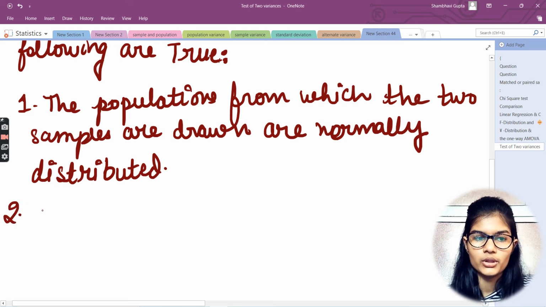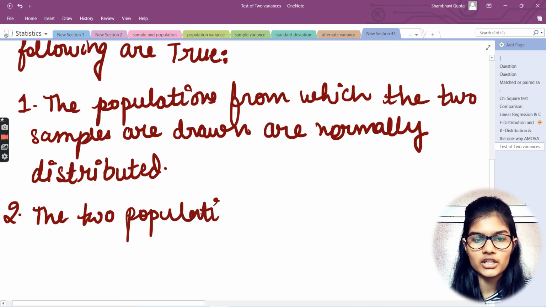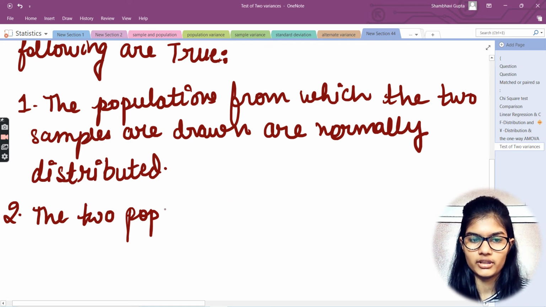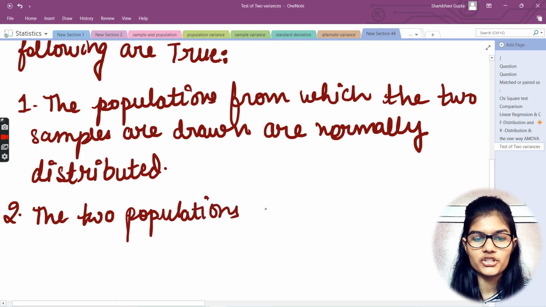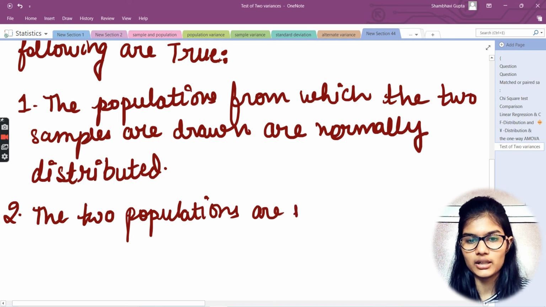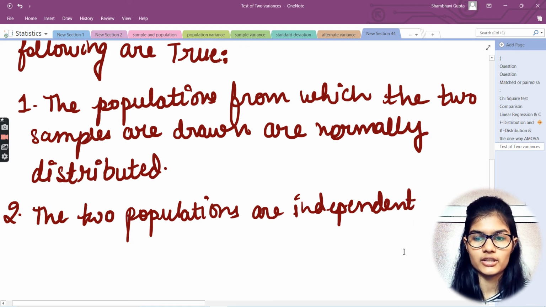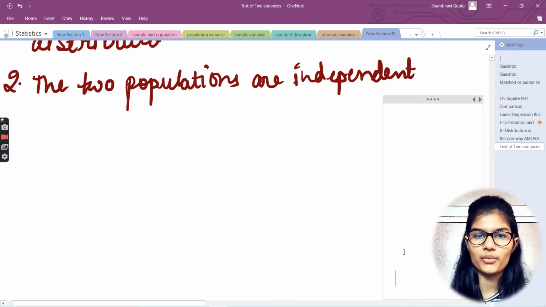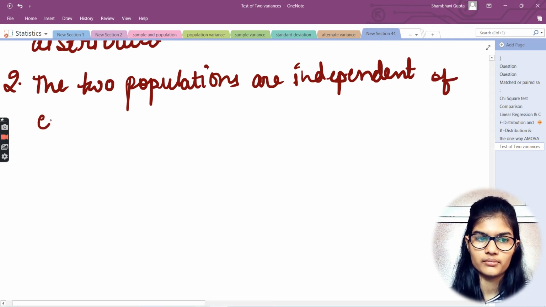Moving to point number 2: the two populations are independent of each other.